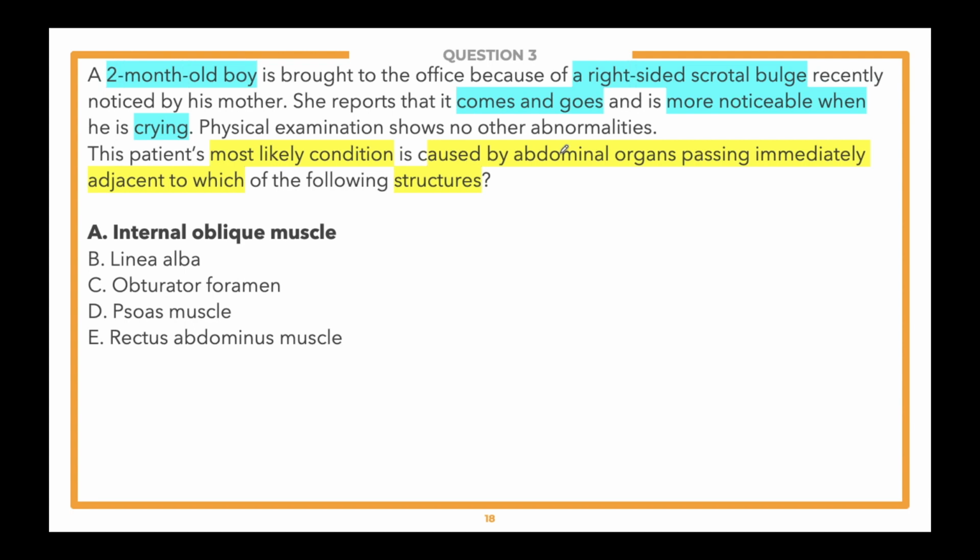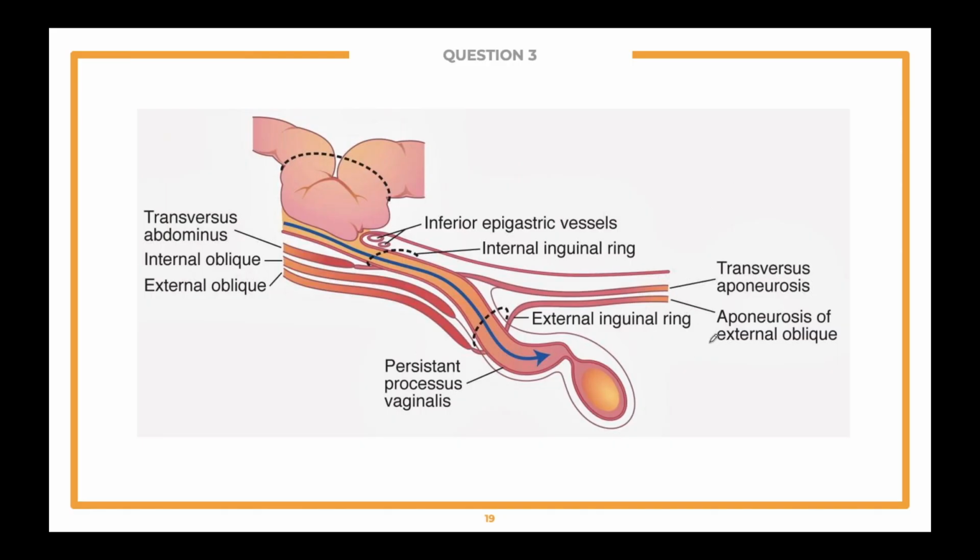We'll take a look at the anatomy of what's going on in this issue. Indirect hernias are caused when you have a patent or open processus vaginalis. And this allows for continuity between that inguinal canal and the tunica vaginalis.